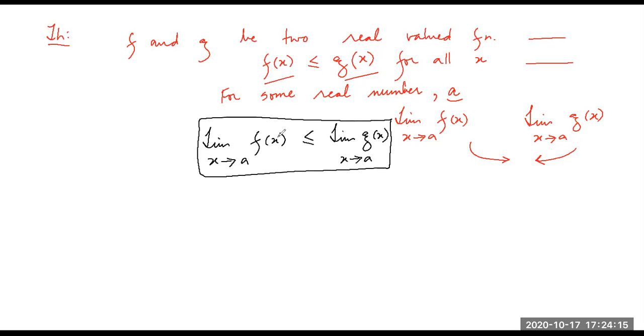Once again, what did I say? We are defining f and g to be two real valued functions, right? With some domain of definition. You need not take all possible values for the variable x or y, whatever we define this function with.